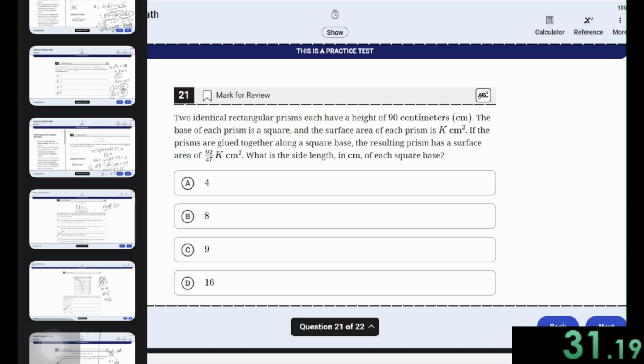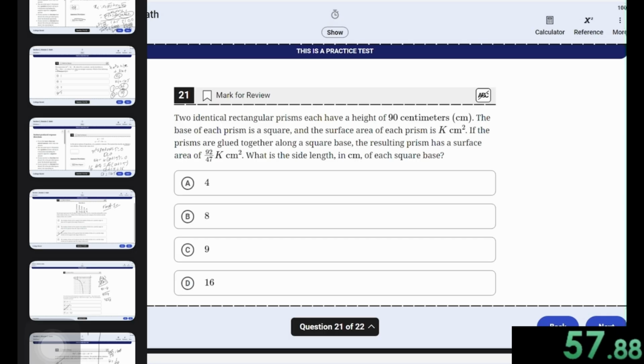After joining them, they will each lose a side. The question says the base of each prism is a square, which means the top of each prism is a square too. If the prisms are glued together along the base, they are both going to lose the base surface area.